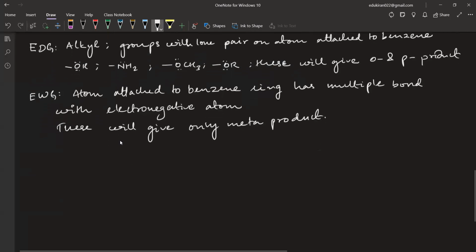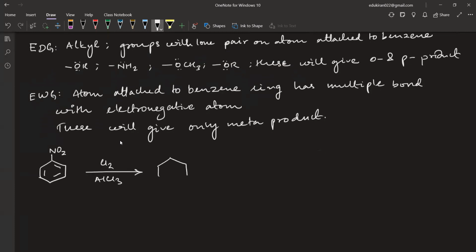For example, you have NO2 and you react this with Cl2 in the presence of AlCl3, then you will get only one product, that is NO2 here and in the meta position, it will be chlorine.